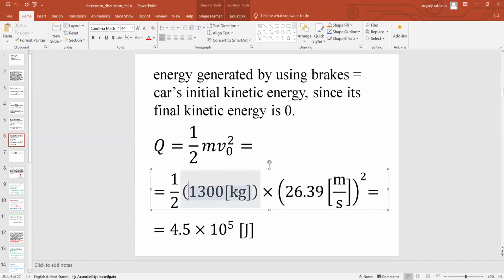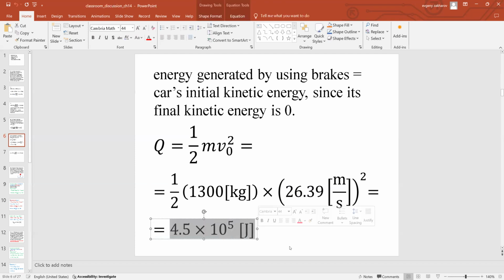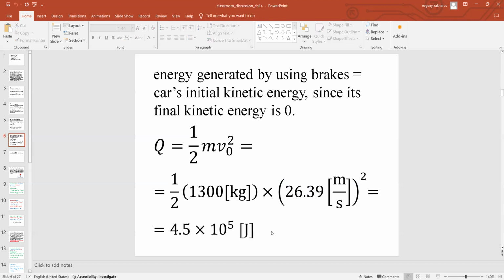So 1/2 mass of the car is given. The change in energy would be all the way to 0. So you're going to convert the whole amount, the initial velocity squared. So we are talking about what? 450,000 joules for any such process.